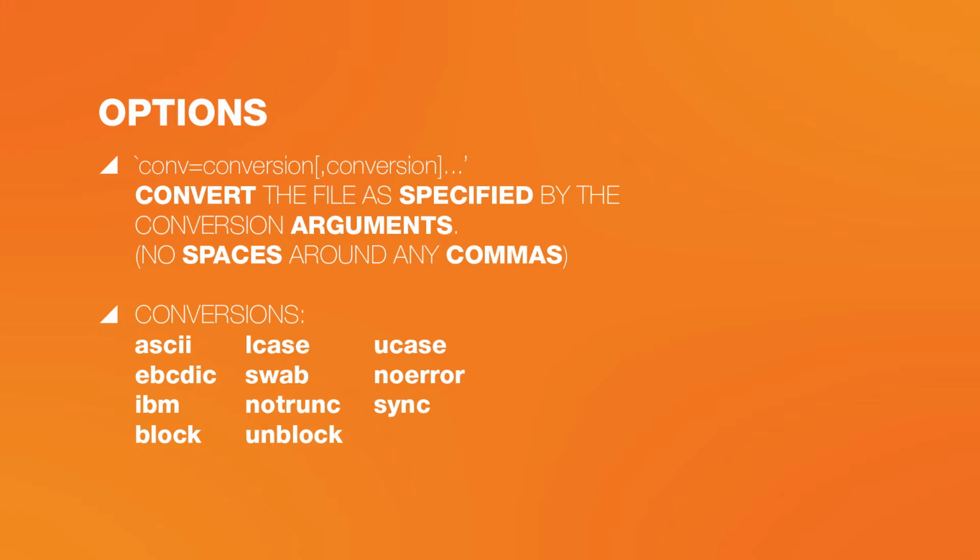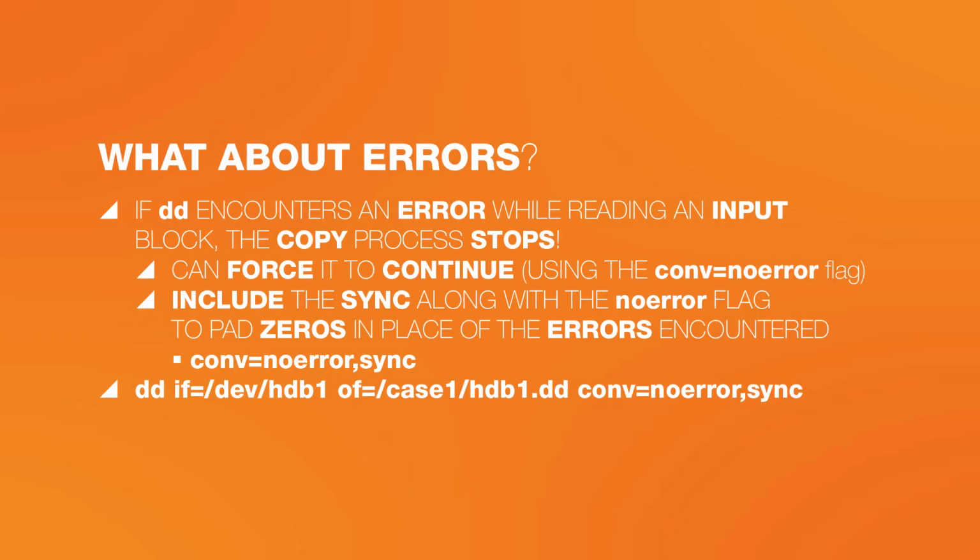conv defines the conversion options for dd, since dd was originally designed for copy and conversion. conv=noerror,sync is often used for forensic imaging to skip the unreadable sectors and continue copying.